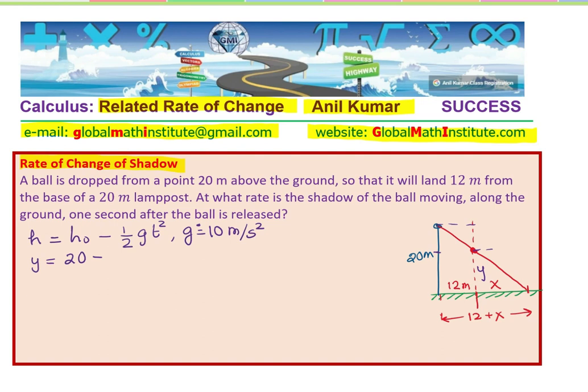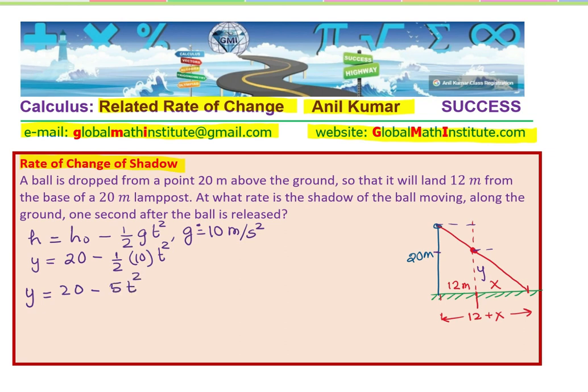Understand the method. So 20 minus half of 10 t squared. So at any instance, the height, which we are writing as y, equals 20 minus 5t squared.